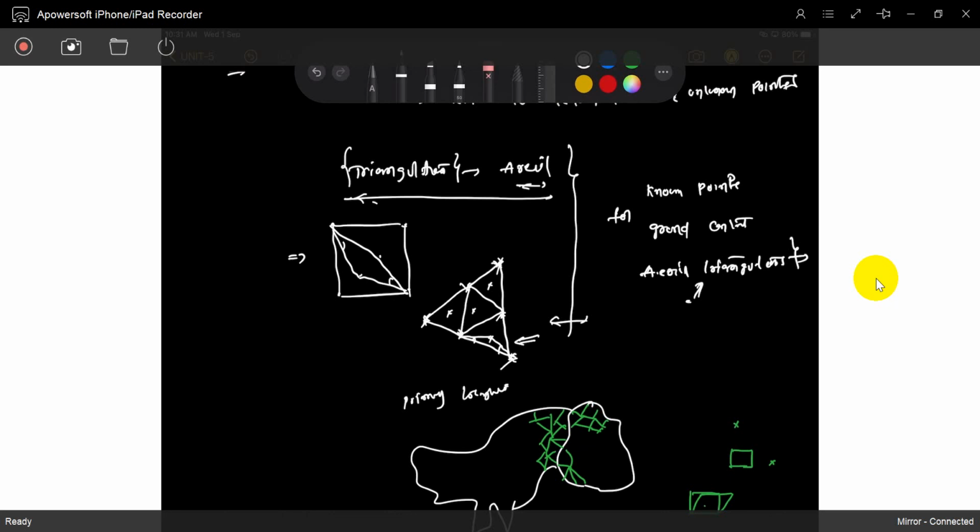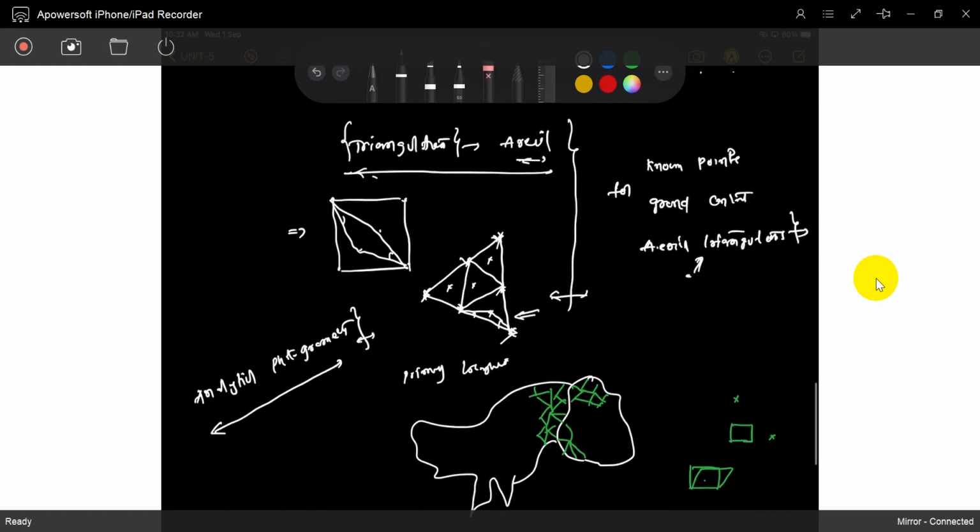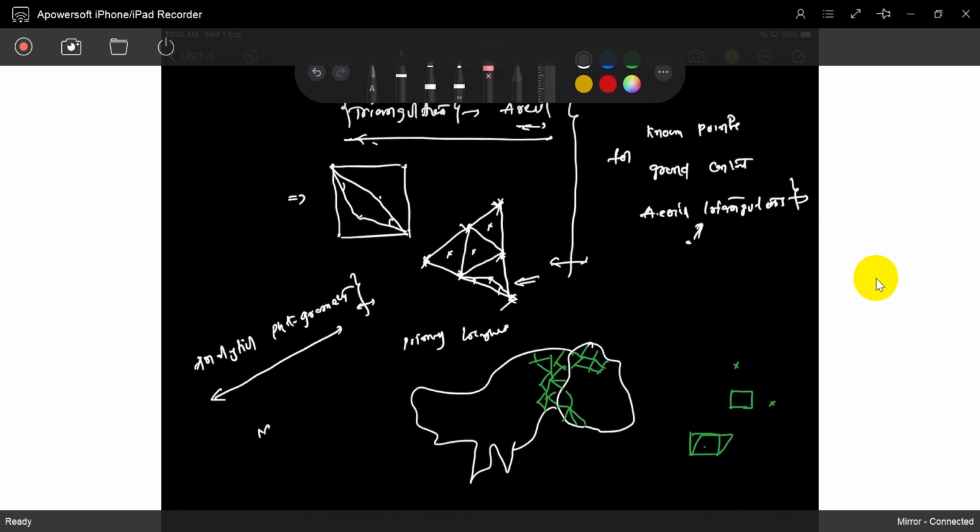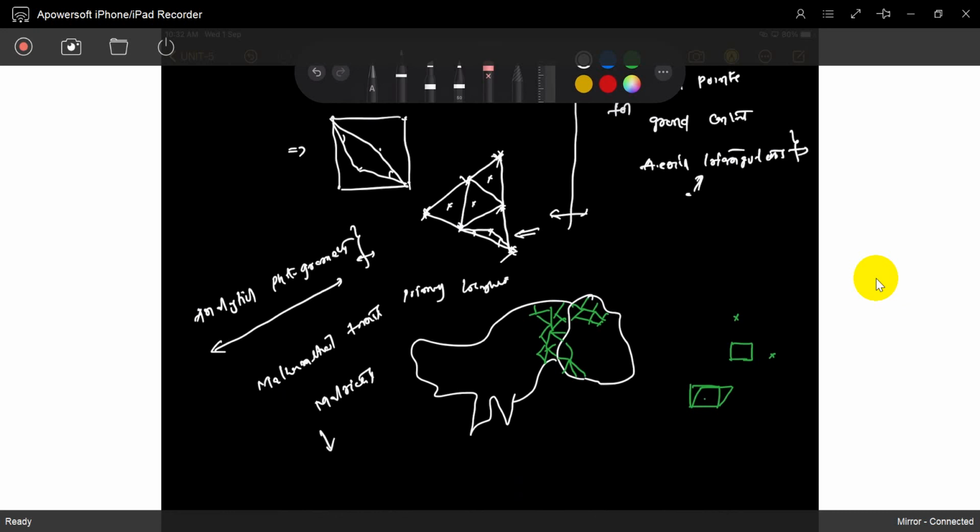Otherwise we can change the analytical parts of the photograph and later assemble it. So analytical photogrammetry is also there, but it's not in our syllabus. What is analytical photogrammetry? Analytical means everything we discuss in photogrammetry is converted into mathematical forms, matrix forms, and then interpreted into computer language.